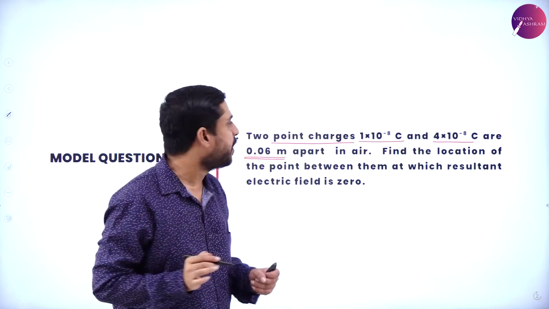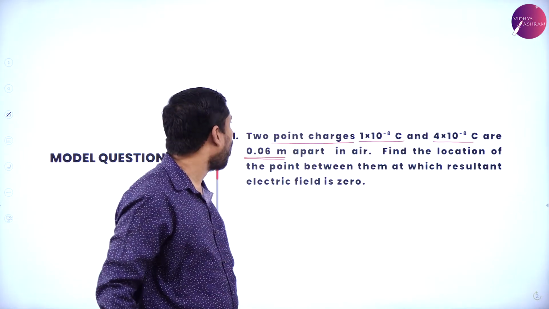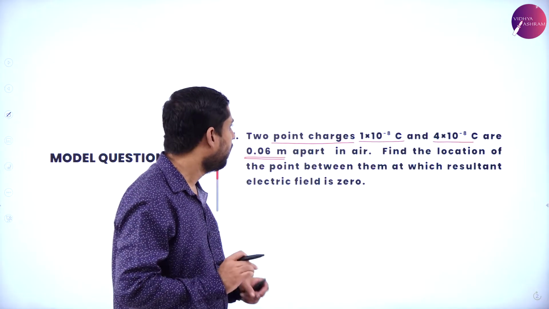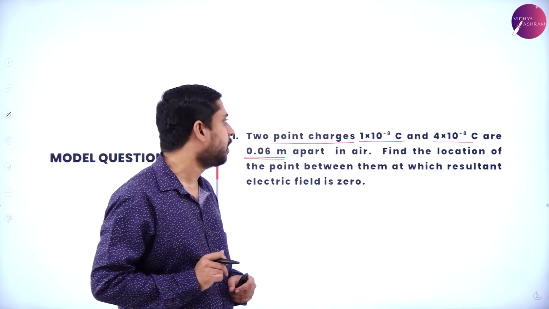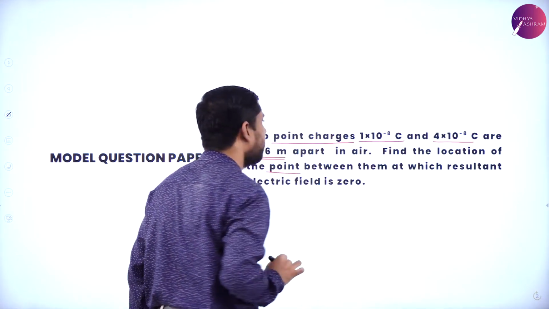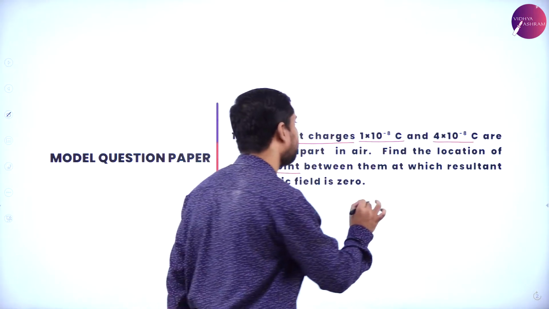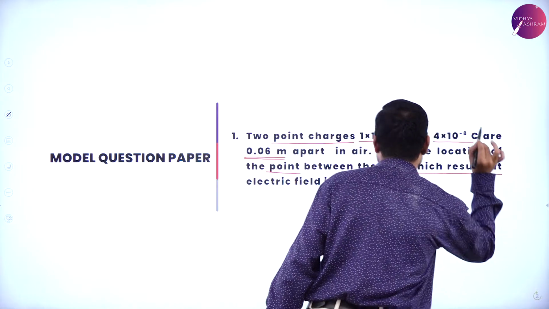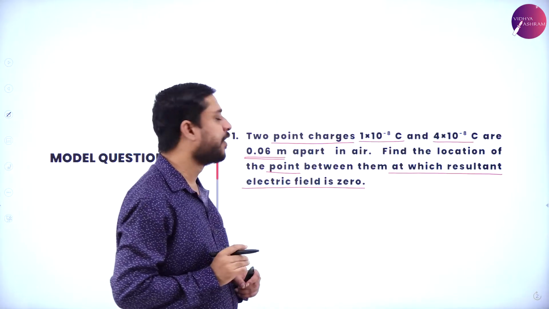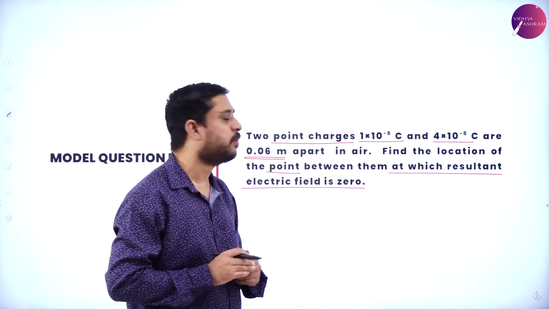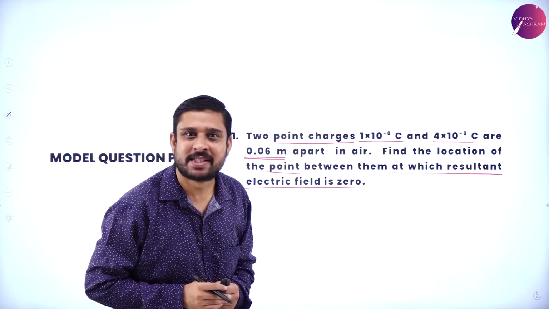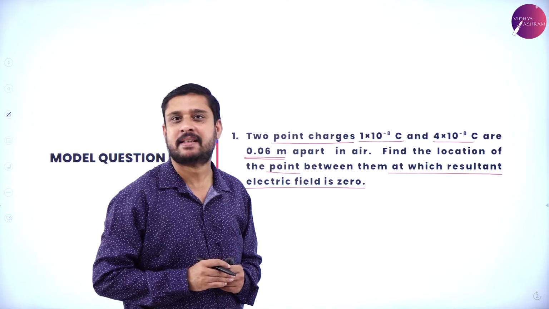They are separated by a distance of 0.06 meter. Find the location of the point between them at which the resultant electric field is 0. I have worked out such problems in the previous sessions.